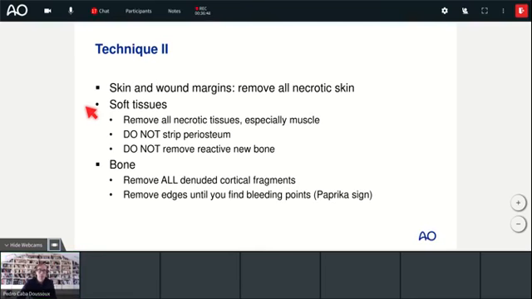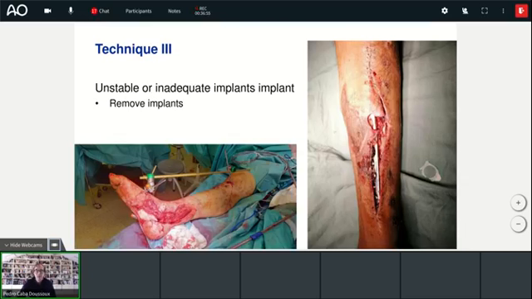So remove all the denuded cortical fragments and remove the edge until you find bleeding points. Of course, remove implants when you have unstable or inadequate implants. Like this case, this is probably stable, but this is not adequate.